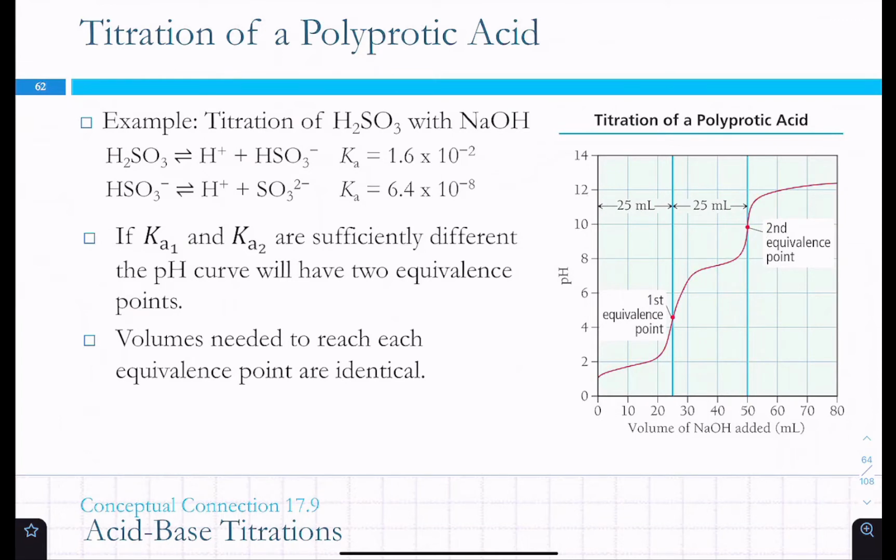So volumes end up being identical. And I think for pretty much every weak acid, that's the case, at least all the ones that we cover in this class. All of their pKa1s and pKa2s are sufficiently far apart that this will be the case.